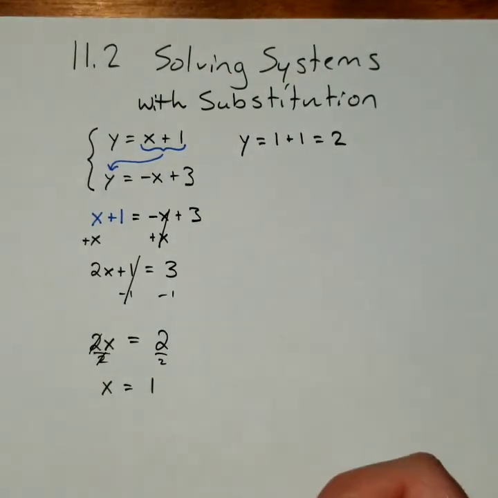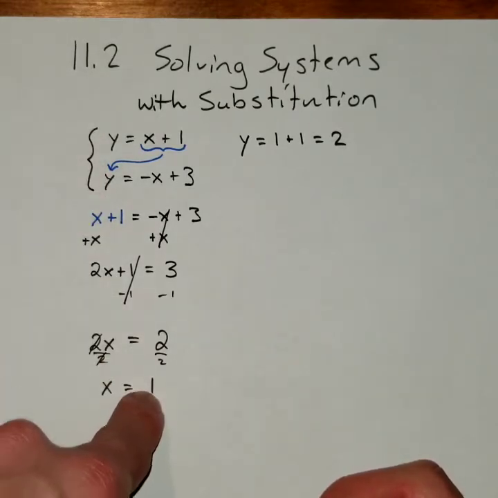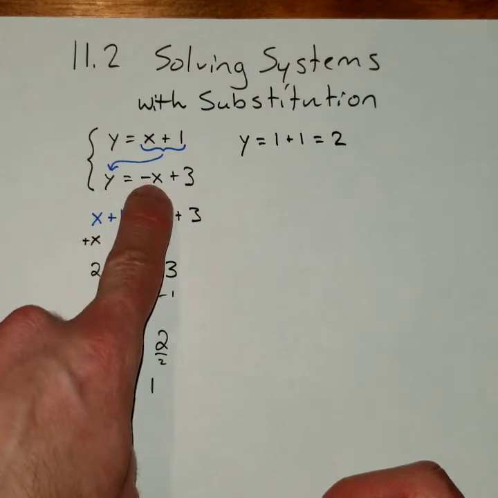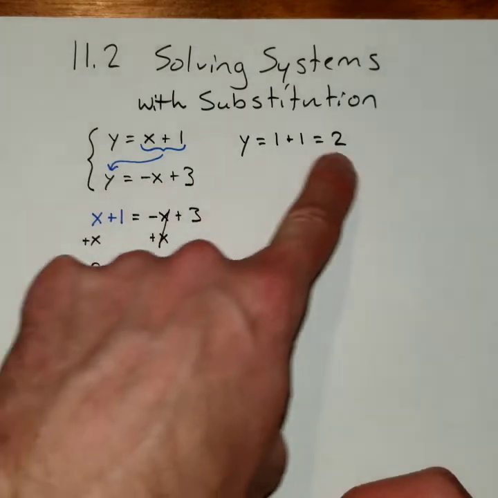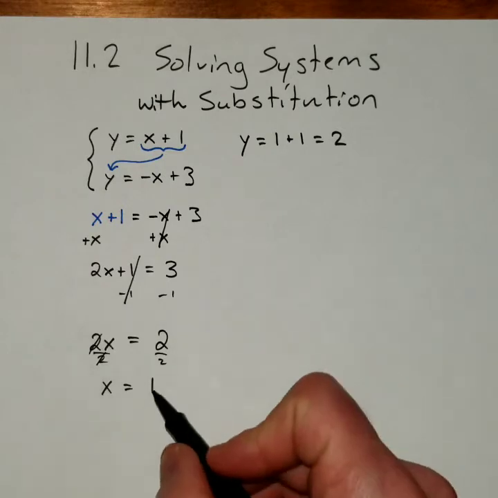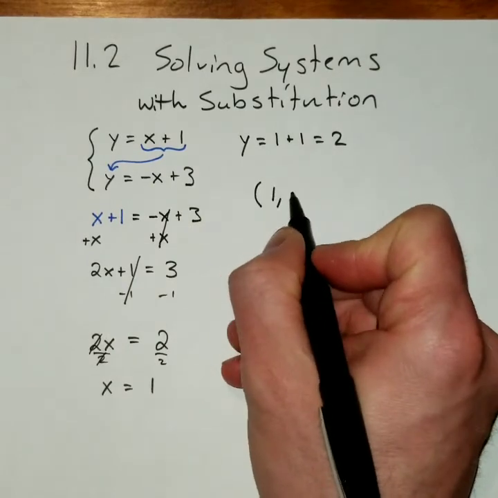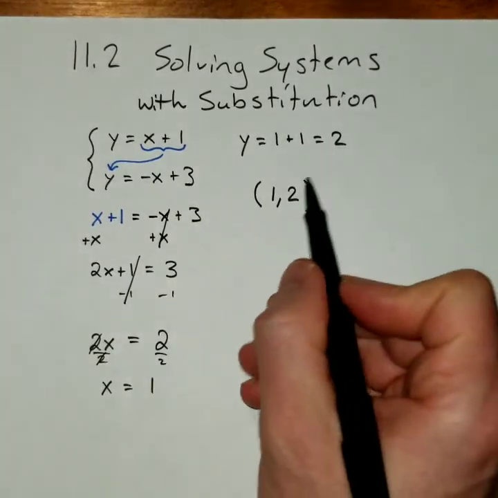If you think about it, it doesn't matter which equation you substitute it into. If I take the 1 and plug it in for this x, you'd have negative 1 plus 3, which also equals 2. They should always give you the same result, as long as you solved correctly the first time. Now that I have the 1 and the 2, my final solution is the ordered pair (1, 2).